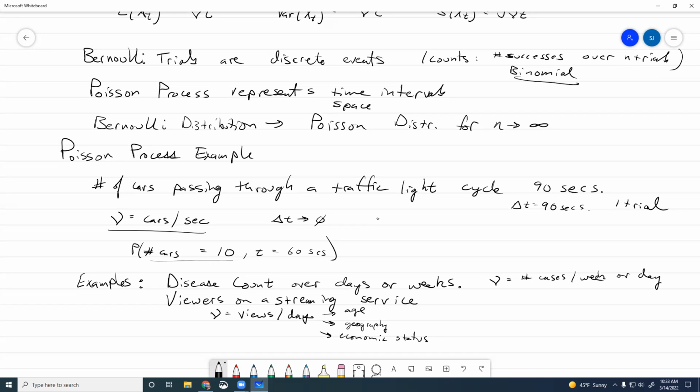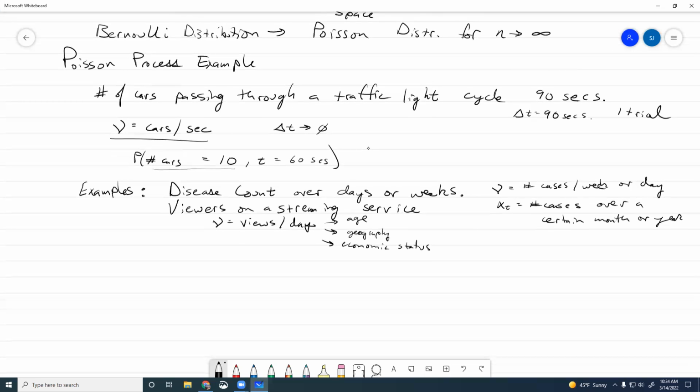And then X of t would be the number of cases over a certain month or a year, something like that. And if we want to do the spatial example, we'll have some actual examples of that in problems, but it could be number of potholes per mile.